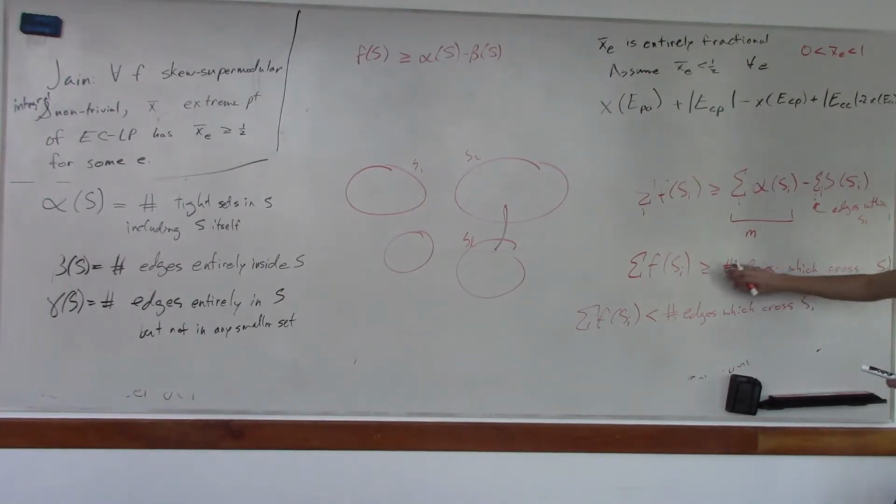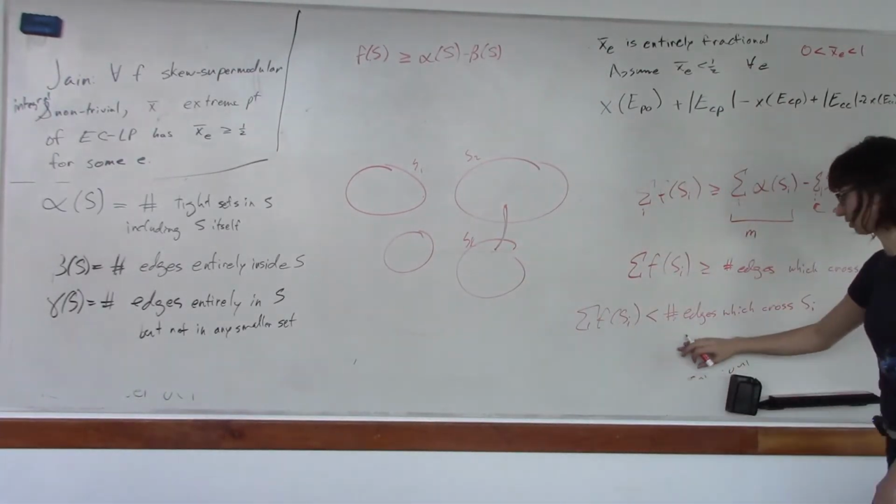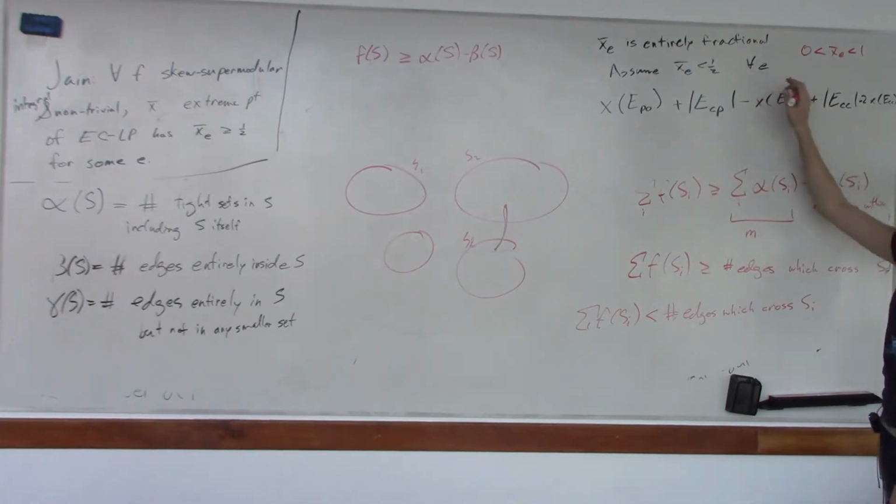The first inequality holds because of this claim, which I haven't proven yet, and the second inequality holds by the fact that all the XE are less than half.